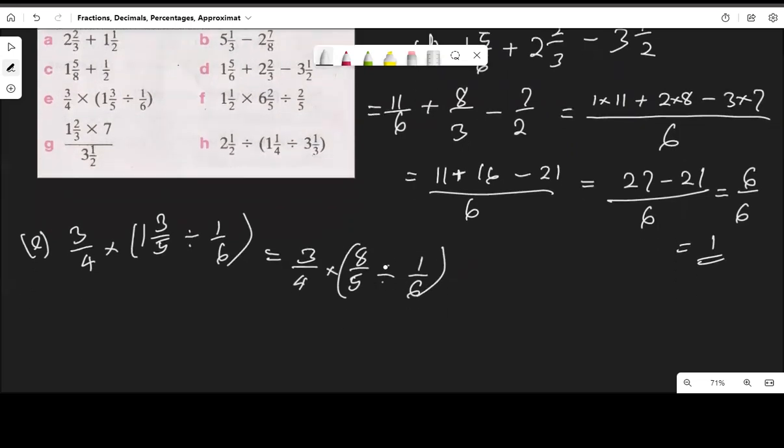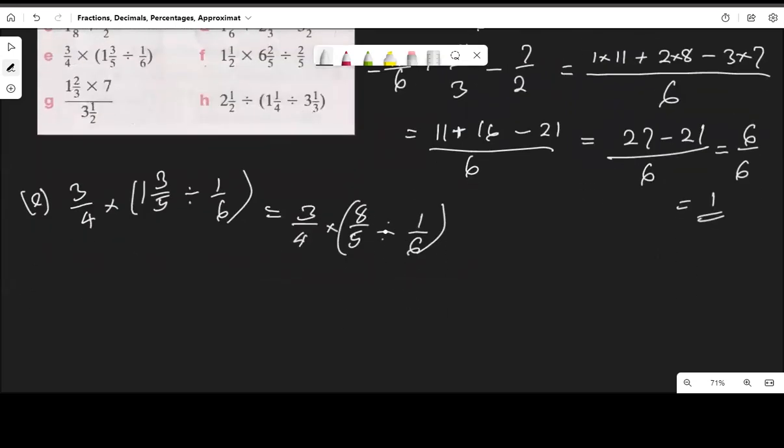When dividing one fraction by another fraction, the sign of division will change to multiplication. So we have 3 over 4, times 8 over 5, multiplied by, when this sign changes to multiplication, we multiply by the reciprocal of this fraction, which is 6 over 1.